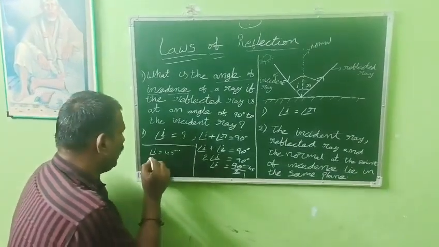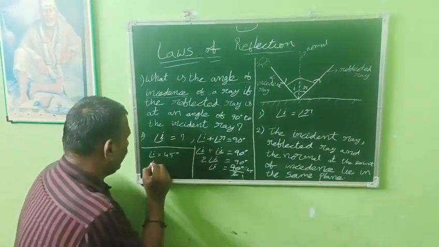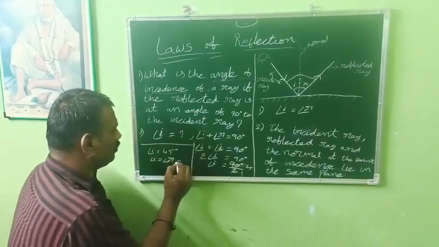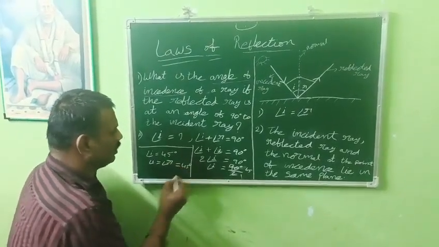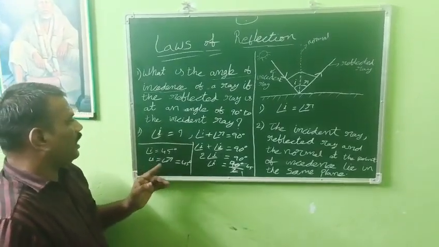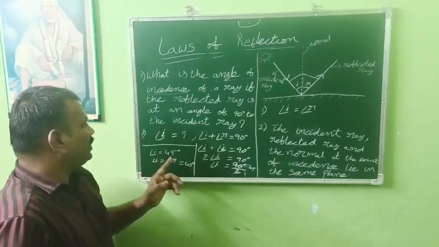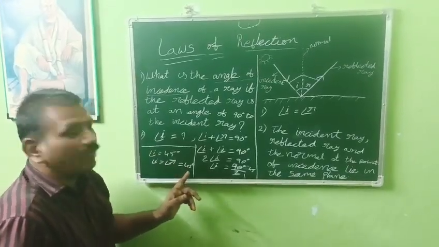So angle I equals angle R, so that equals 45 degrees. Therefore angle I and angle R are also equal by the first law. So angle I is 45 means that angle R is also 45.